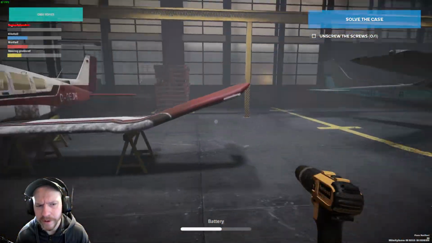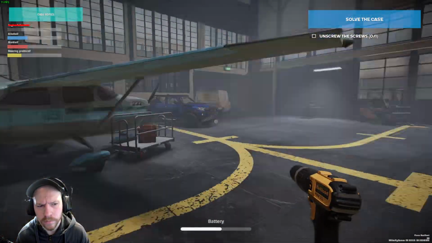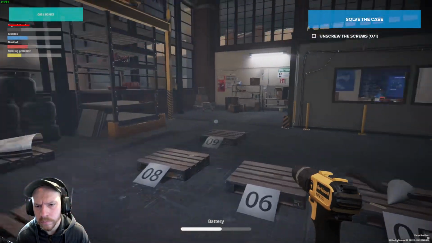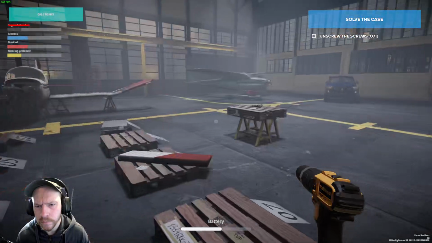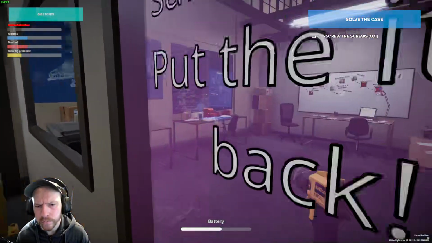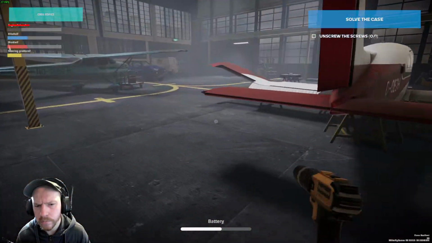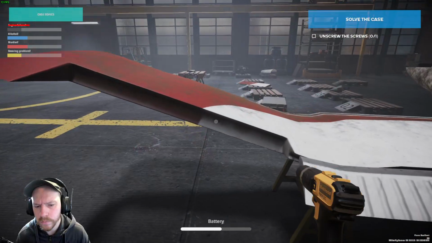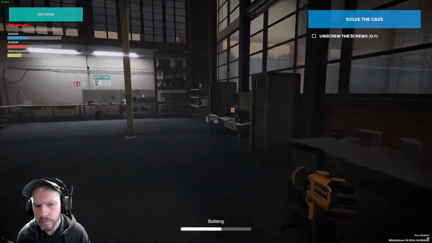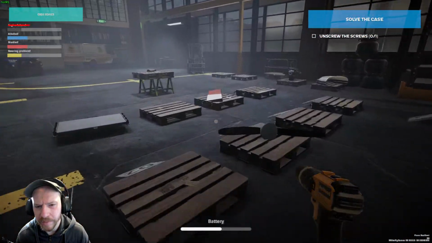Right, unscrew the mounting screws, which would be... Where? Oh, disassembly stand.